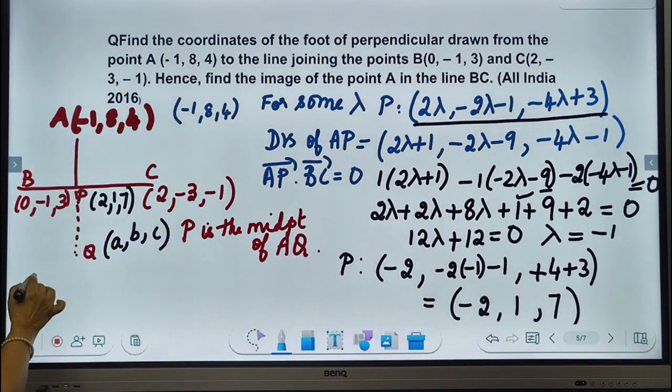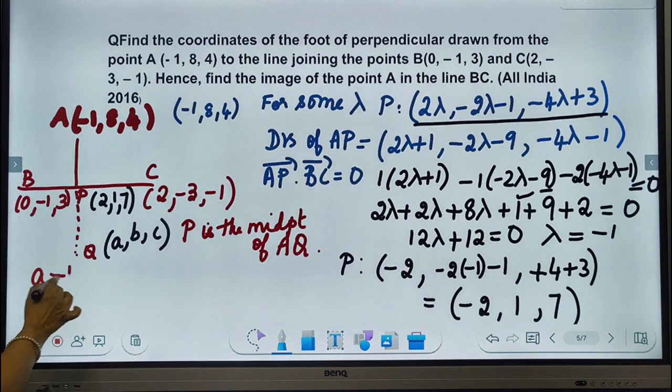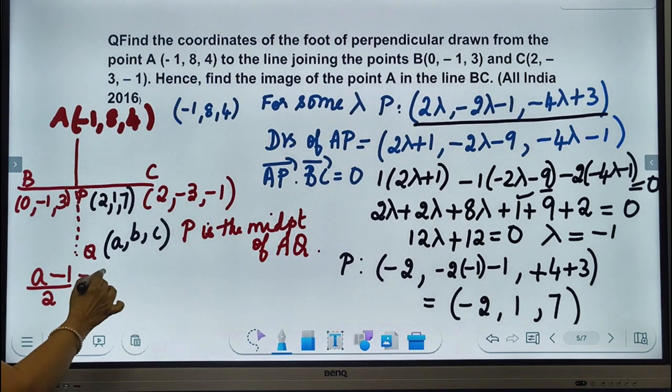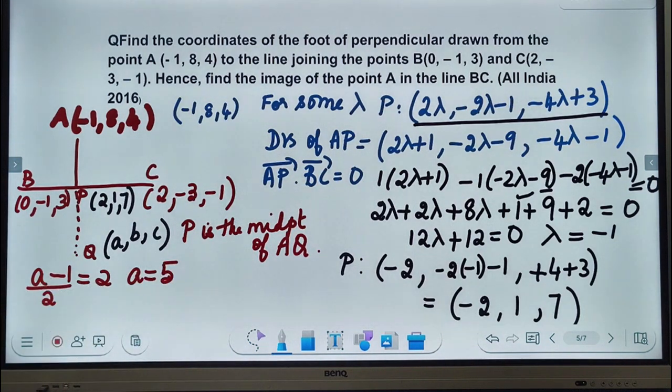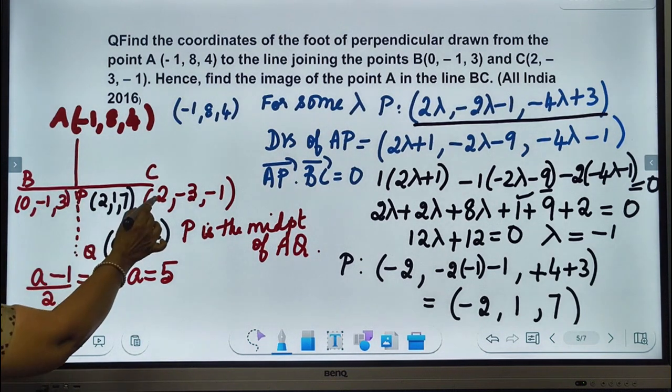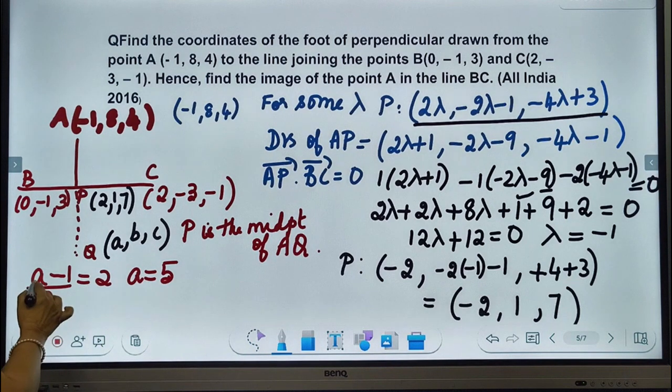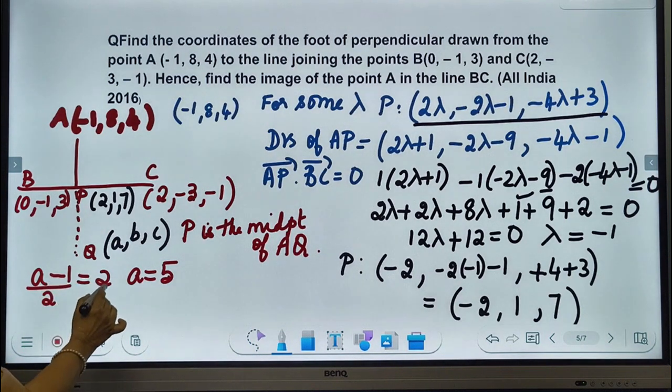So (a minus 1) by 2, that is (x2 plus x1) by 2, is the x coordinate of P, which is 2. So a equals 4 plus 1, which is 5.